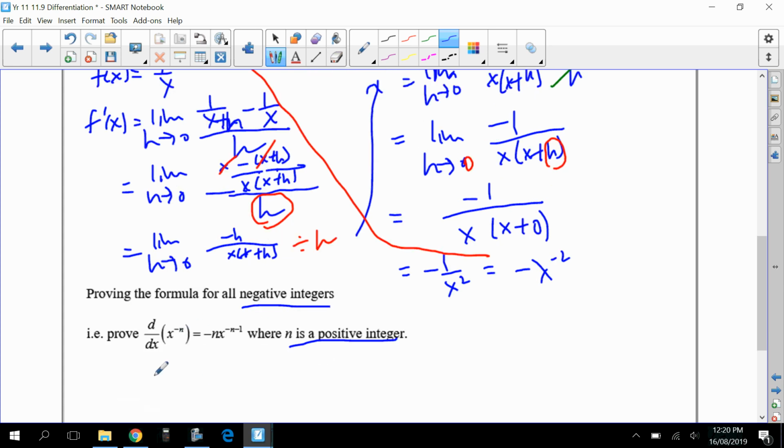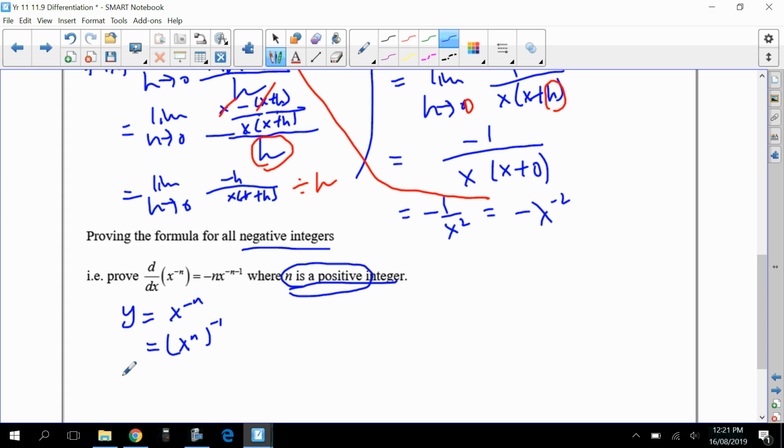To prove this is true, you don't have to use differentiation by first principle. All you have to do is to use the chain rule. So you want to write y equals x power -n, which is x power n, all to the power -1. Remember, n is a positive integer. And using the chain rule, dy on dx, bring the -1 down, x power n to the -2.